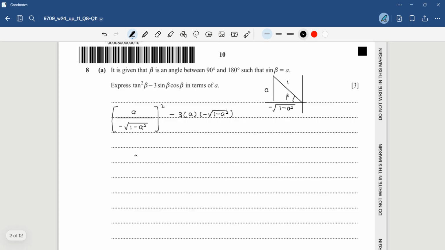Therefore, the final answer is A square over 1 minus A square plus 3A square root of 1 minus A square. Okay, that's it.